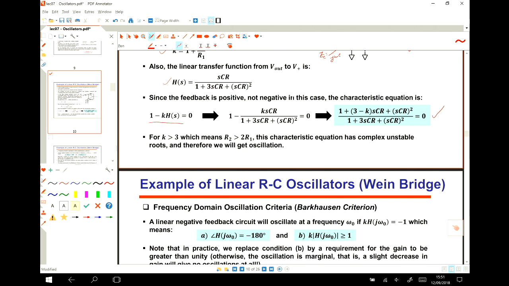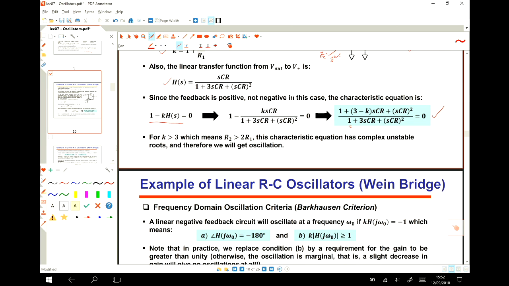When the determinant is not equal to 0, then it becomes unstable. Denominator. So denominator is never equal to 0 because it has a 1 here. Any clue?